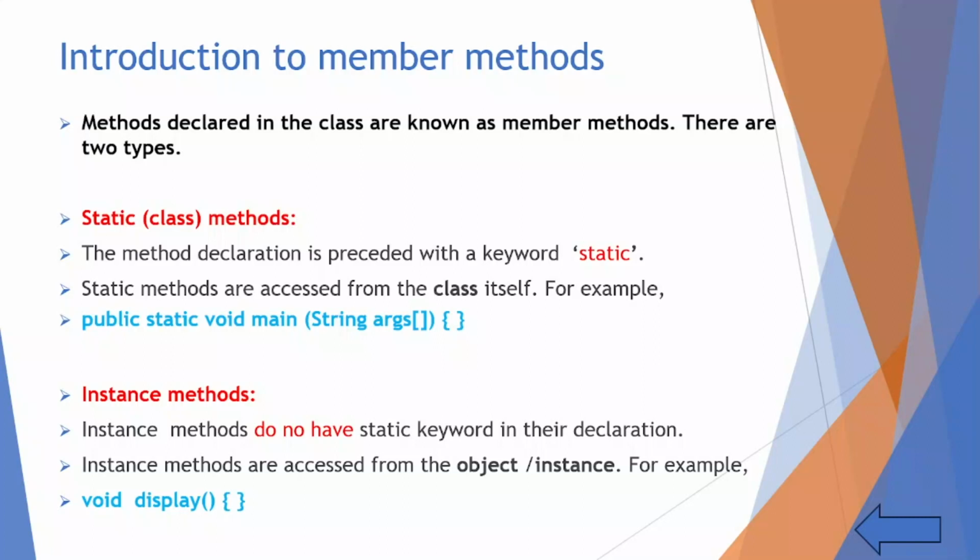We will see that with the help of an example. public static void main(String[] args) is a static method. Now instance methods do not have the static keyword, and instance methods are accessed only from an instance, as the name suggests. Object only can access it. So void display, no static keyword, so it is an instance method.